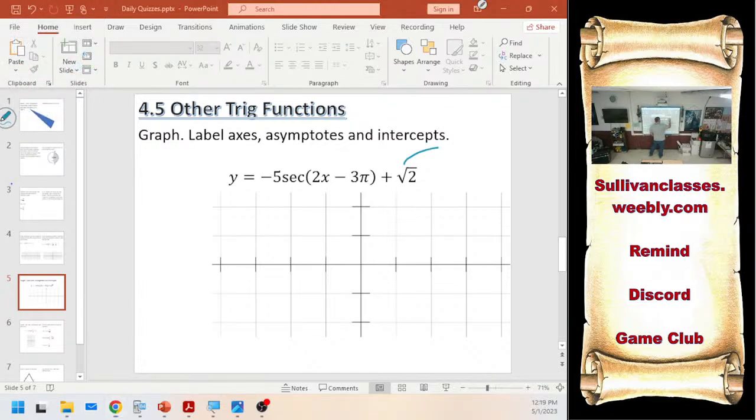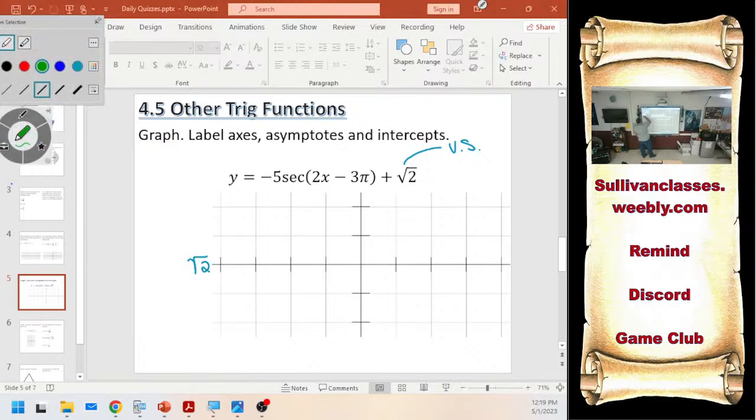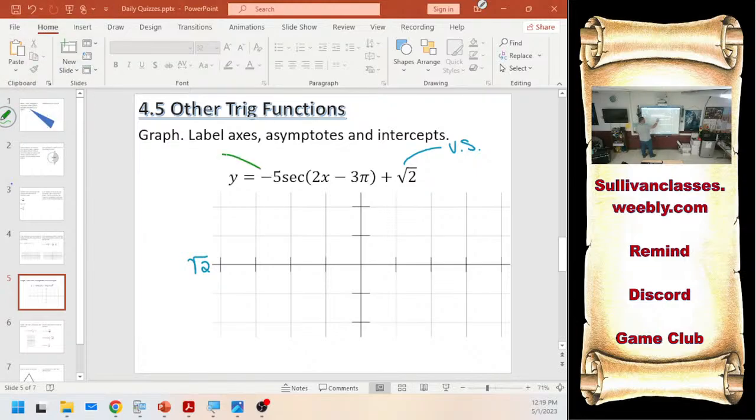We start with vertical shift or midline. And if our amplitude is 5, I'm just going to go 5 north and south of that.